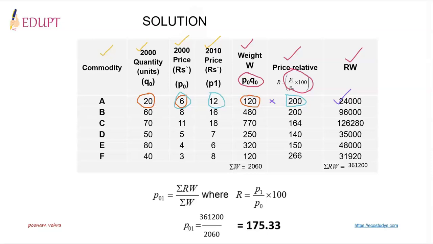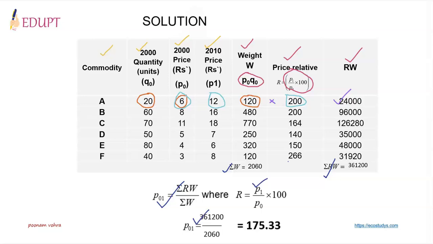And finally, you need to have summation of weights, summation of price relative and weight. Apply the formula sigma RW by sigma W, where R is P1 by P0 into 100.